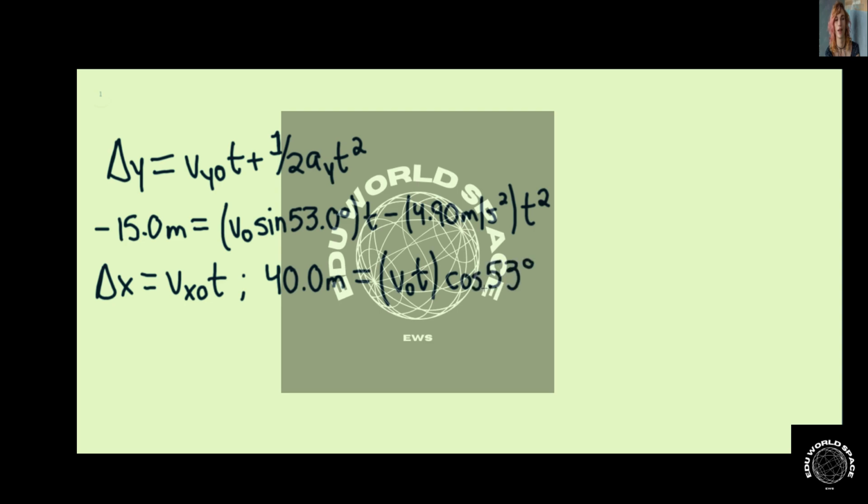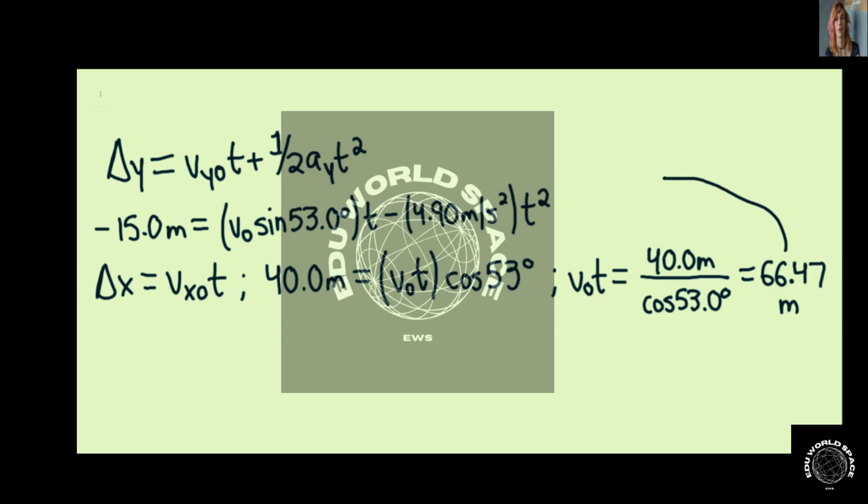And so now we can say that v initial t is going to be equal to 40.0 meters divided by cosine of 53.0 degrees. This is equaling 66.47 meters. We're going to use this value to replace v initial t in the y equation here.